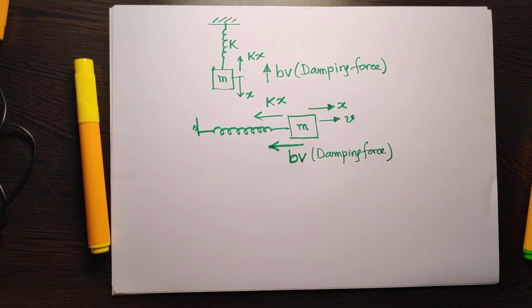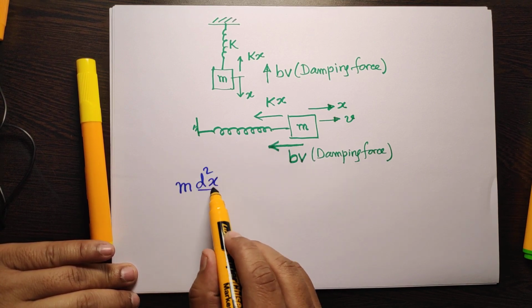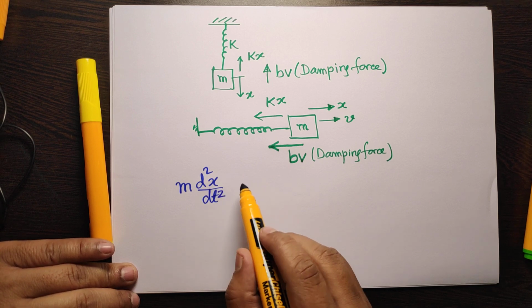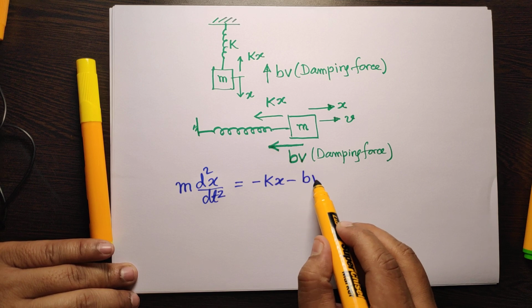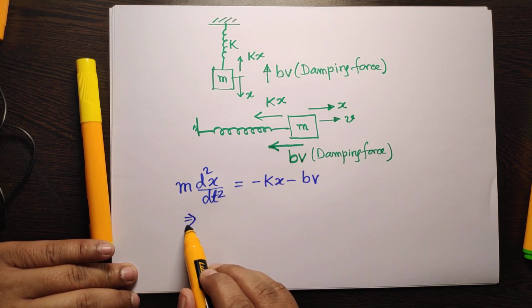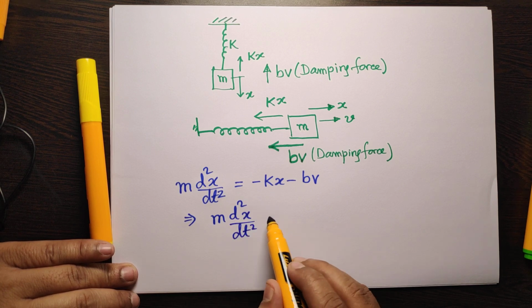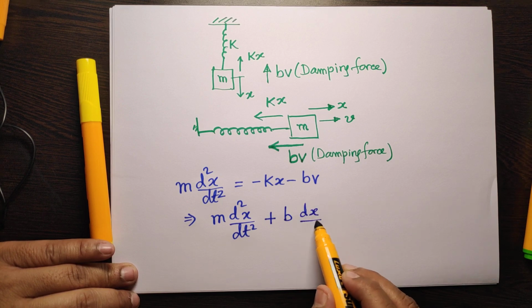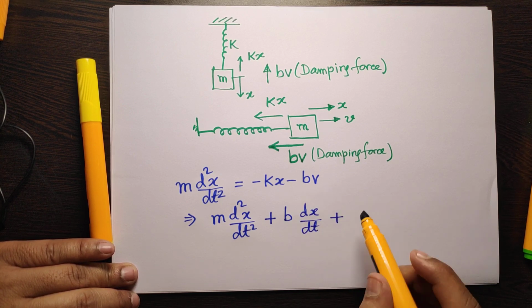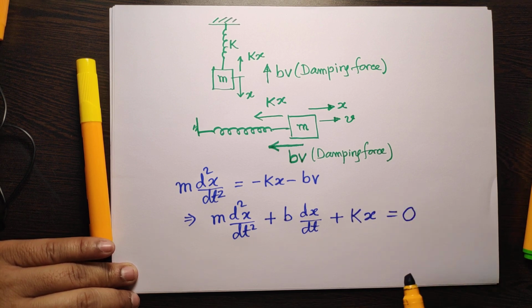Now, let us write the equation. What do you get? Mass into acceleration equal to minus kx minus bv. This implies we can write it like this: m d2x/dt2 plus bv, meaning b dx/dt, plus kx is equal to 0.